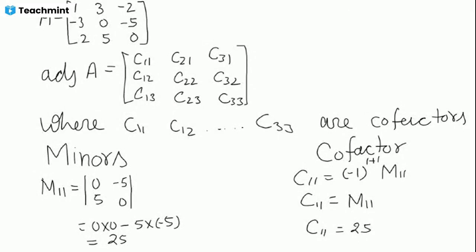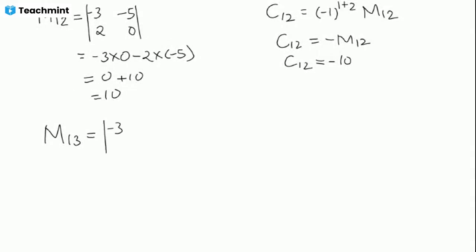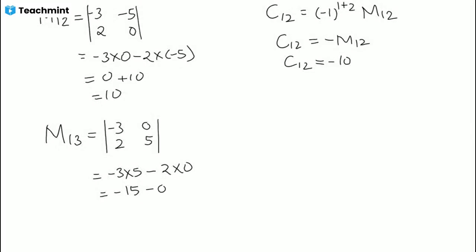So we have these elements to write: minus 3, 2, 0, and 5. Minus 3 into 5, minus 2 into 0, minus 15, minus 0. So we have minus 15.